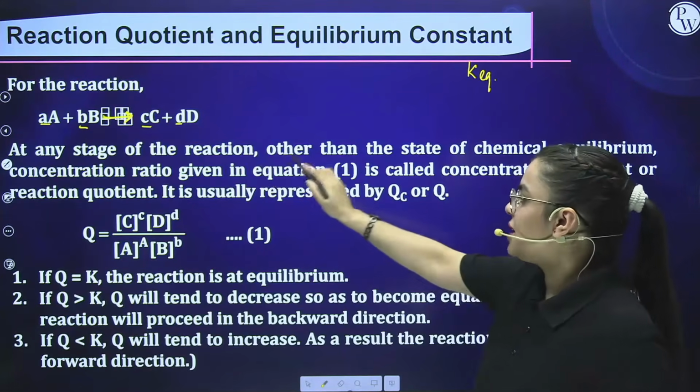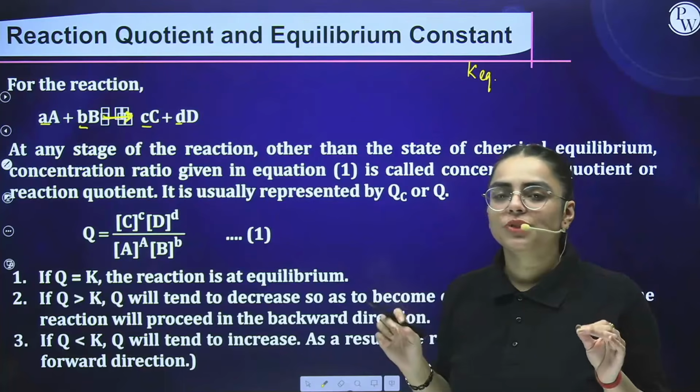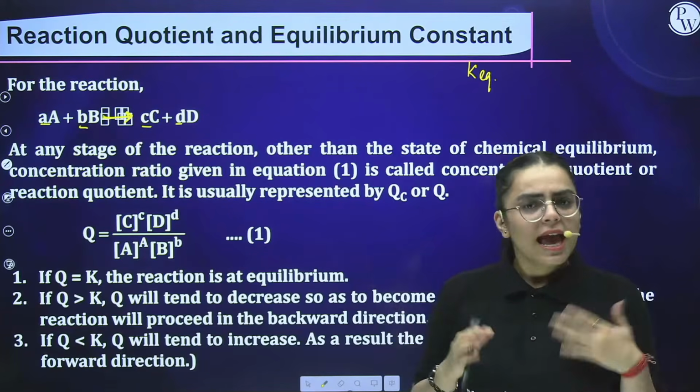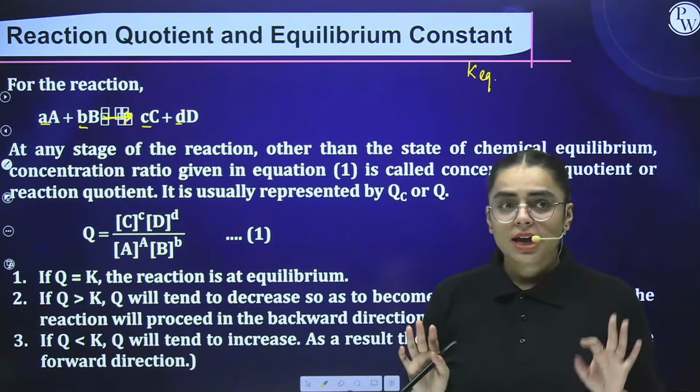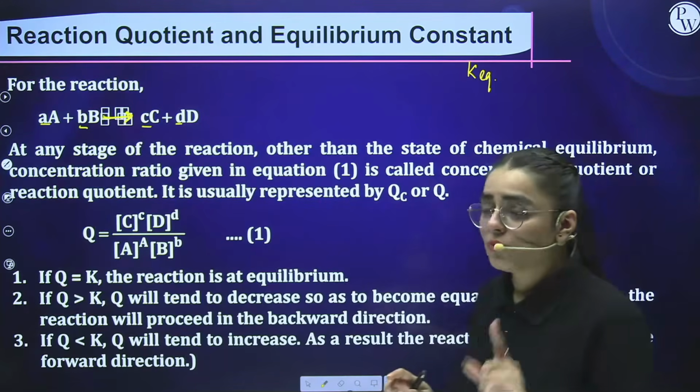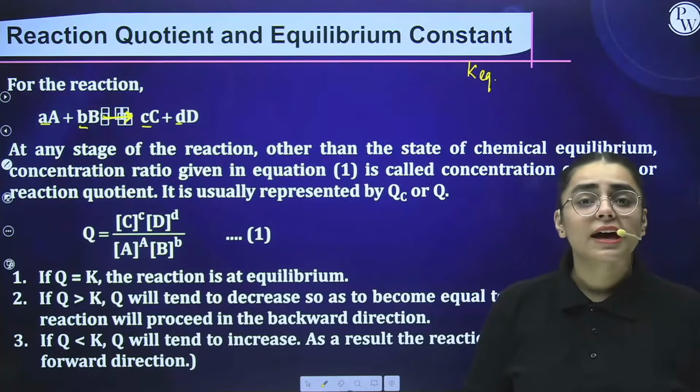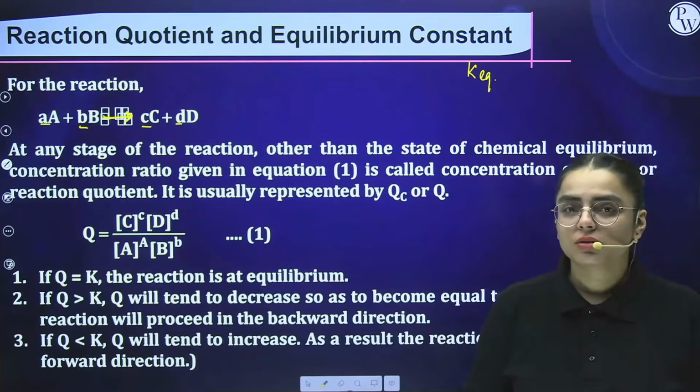So at any stage of the reaction, what do we do? We say that at equilibrium, the rate of forward is equivalent to the rate of backward, and we calculate the equilibrium constant. But for a particular stage which is not equilibrium, they ask you to calculate the value of the reaction quotient. What is that?